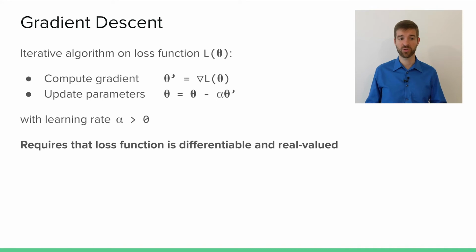I can do a so-called update step where I take this gradient direction and multiply it with a small value, the so-called learning rate, and then we obtain a new set of parameters and can repeat the same process. Again, this requires that our loss function is differentiable and real-valued.